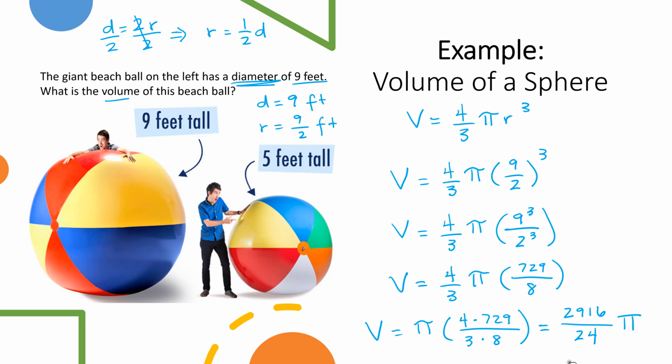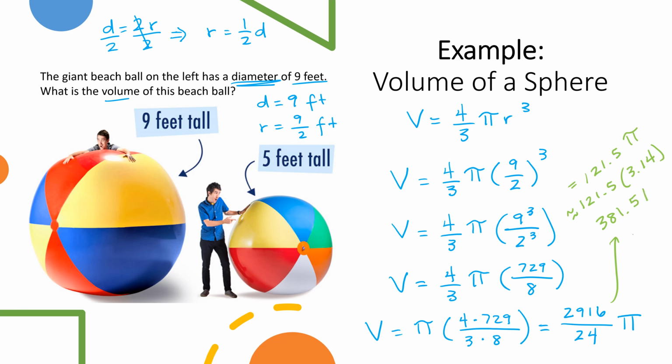And then we can finally simplify this. So 2,916 divided by 24 is 121 5/10 pi. So 121 5/10 times 3.14 to approximate it is 381 51/100.